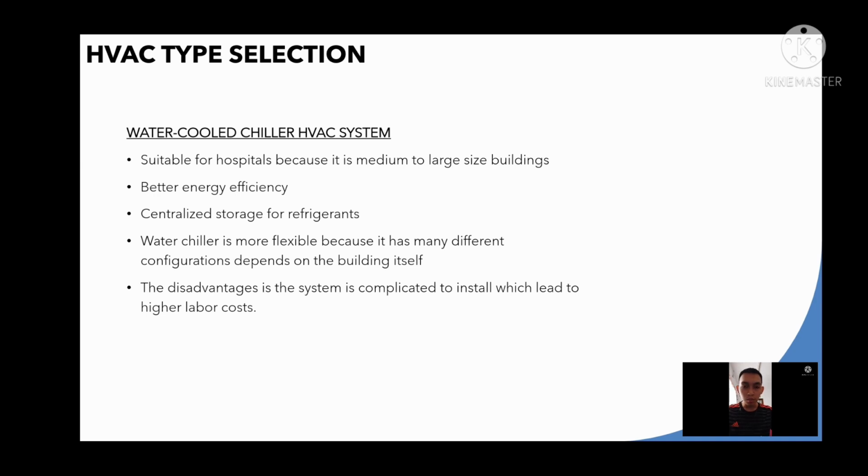The system is easier to configure to a different system because we are able to select a certain type of configuration for a certain type of building, which may also reduce the overall cost of the system.